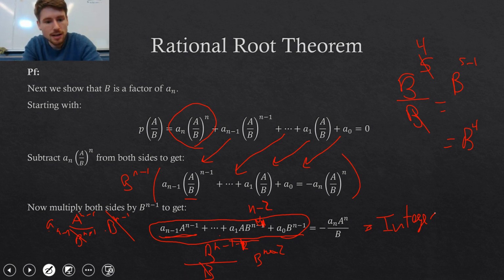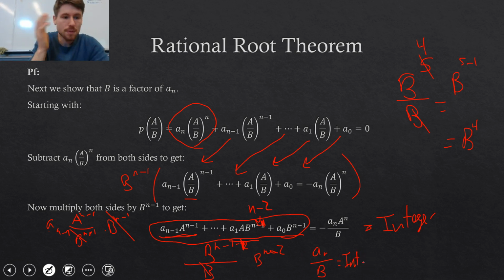And we already know that big A and big B have no common factors, so that says that a n over b is our integer, because big A to the n and big B have no common factors. And so big B must divide a sub n. So big B is a factor of a sub n.